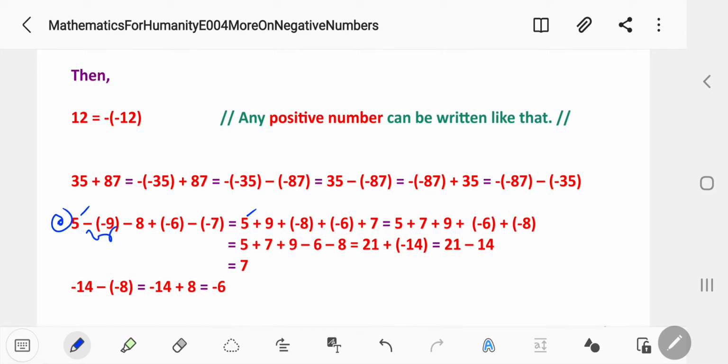Negative 9 is just plus 9, so this is just plus 9. And then you can write this as positive negative 8, plus negative 8, so that's just that. And then plus negative 6 plus negative of negative 7 is plus 7. So here is just plus 7.